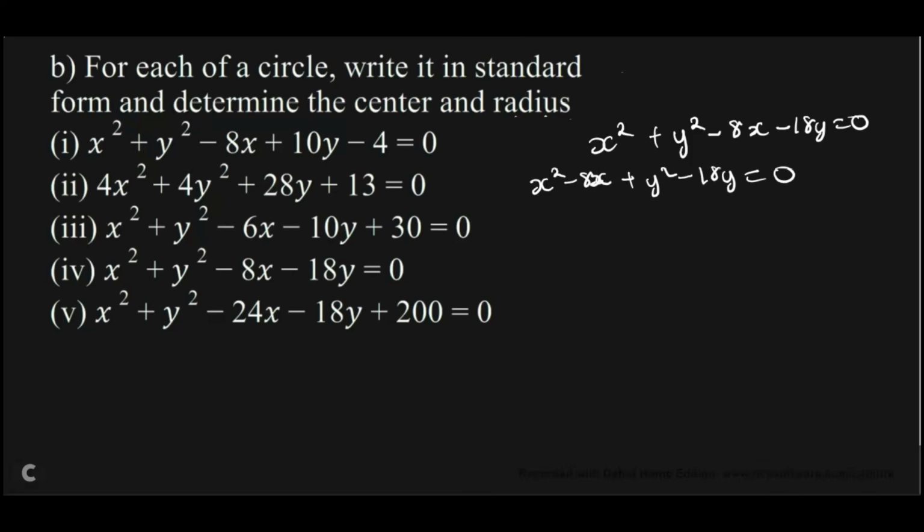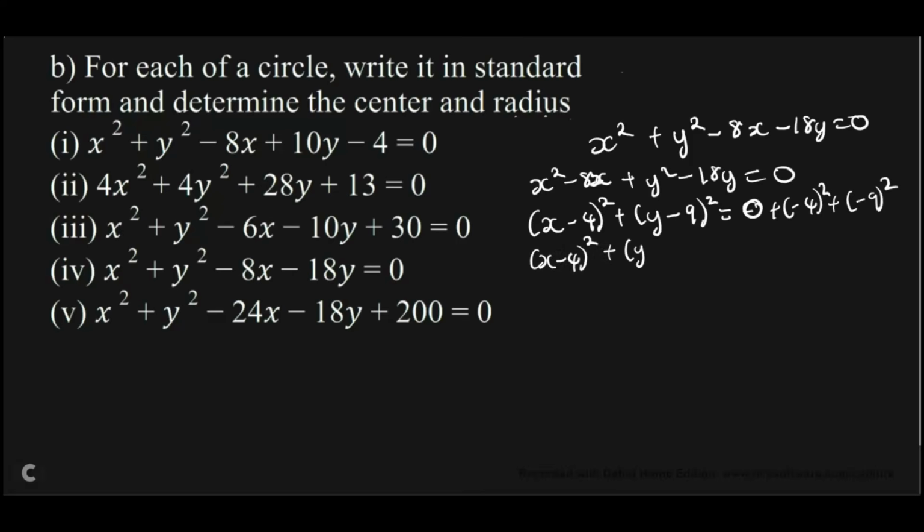Let's do the same thing: x, the half of 8 is 4 squared, plus y, the half of 18 is 9 squared, such that we had 0 there plus 16 plus 81, right? That is x minus 4 squared plus y minus 9 squared.